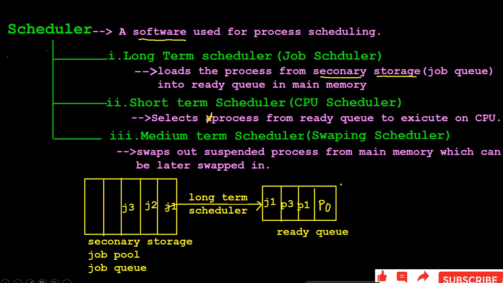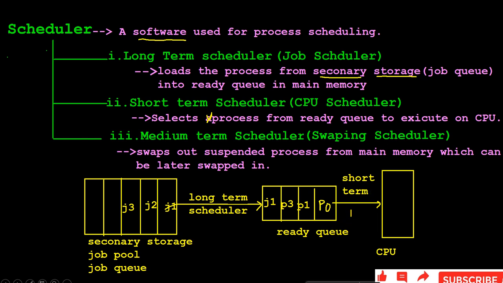The CPU is a very fast device, so it will execute the processes. Which one will it execute first? Based on the queue, the default condition is first in first out. So consider P0 was loaded first. It will select P0 for execution on the CPU. This loading of a process for execution from the ready queue to the CPU is done by what we call the short-term scheduler.